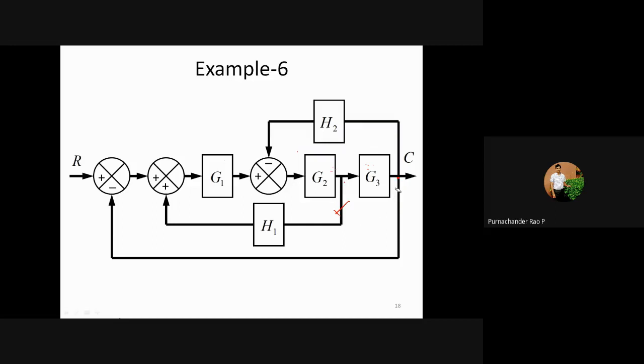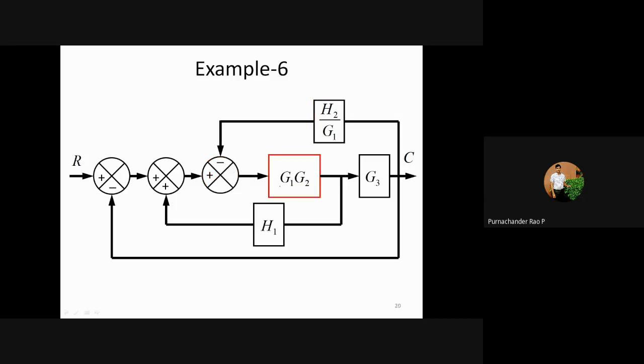Okay, so what is the first step now? Instead of doing this, there is another way of doing it, which is just interchanging the summing point before the block. Now these two are in cascade, so you'll get G1, G2.